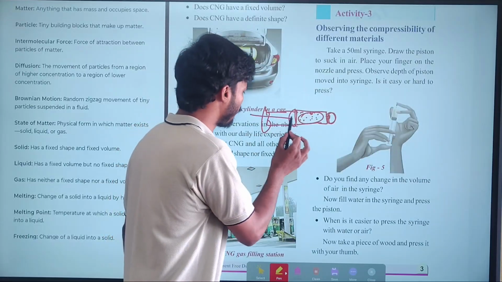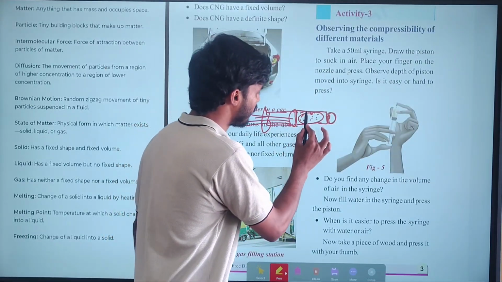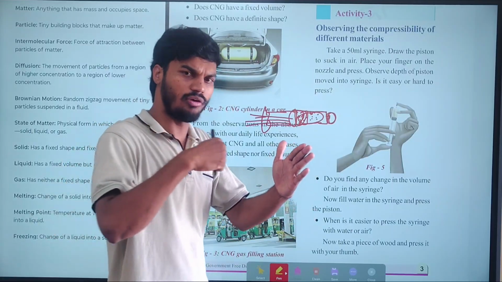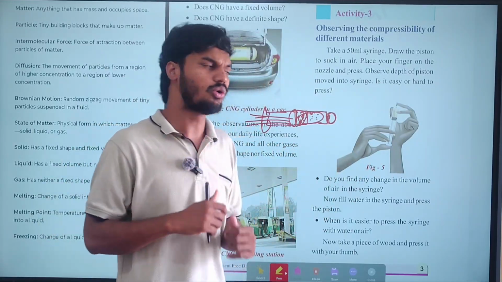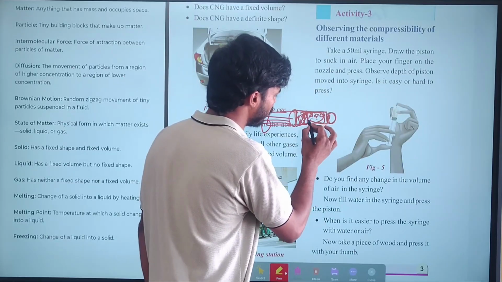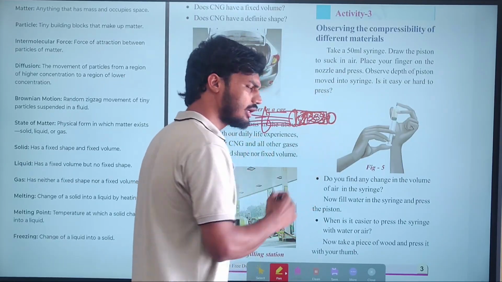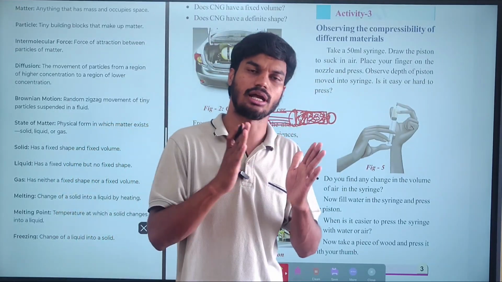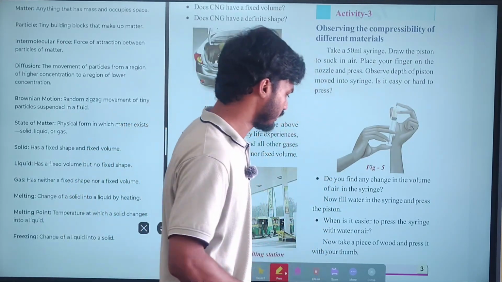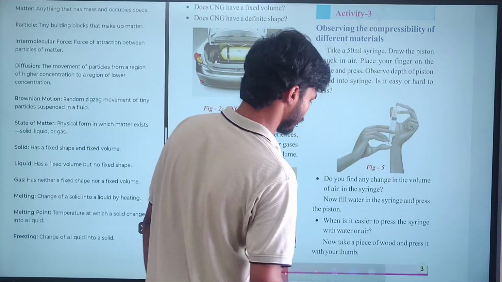While you are pressing the piston, it starts moving freely. After moving some distance, the piston moves very hardly, forcibly. That is due to the intermolecular spaces being very tightly packed. Due to the tight packing, the compressibility will be negligible. From this experiment we can say this about compressibility.